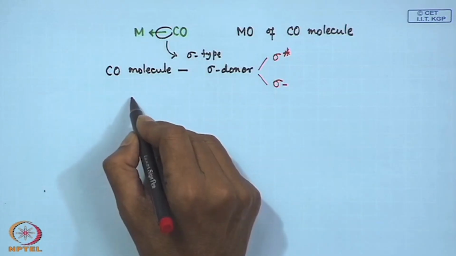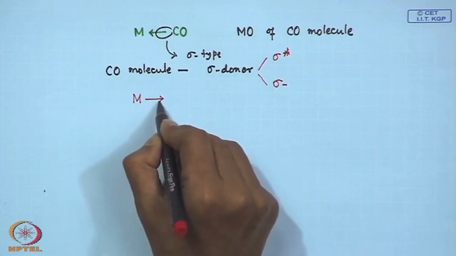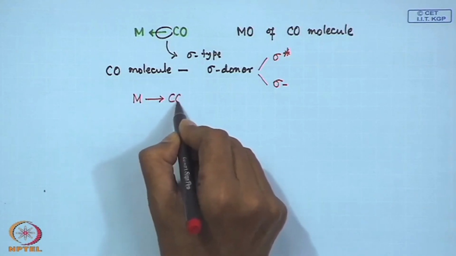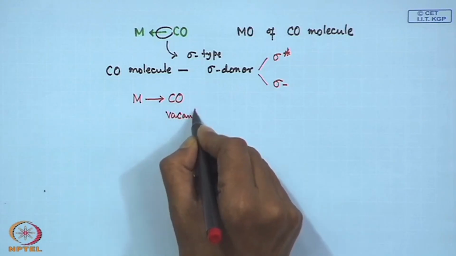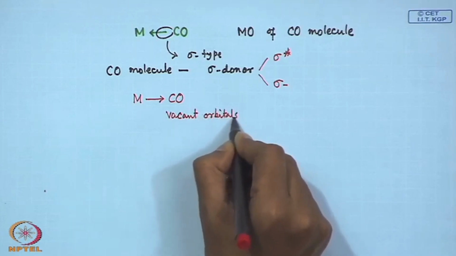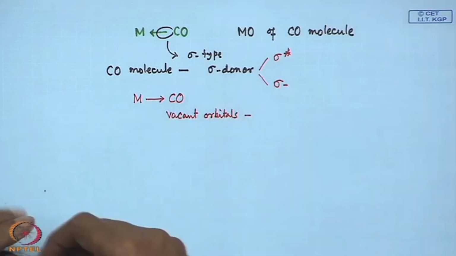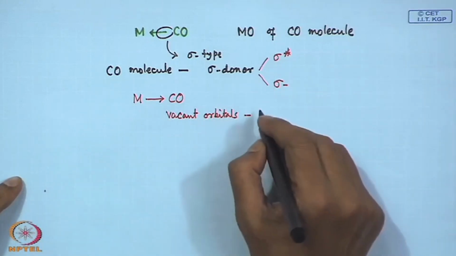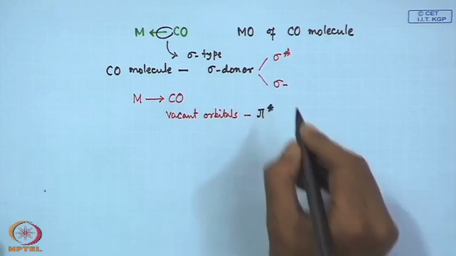When we consider the pi interaction, it is in the opposite direction. So, we have some vacant orbitals, and now we know what those vacant orbitals are which can be utilized as a good acceptor orbital: our pi star orbital.